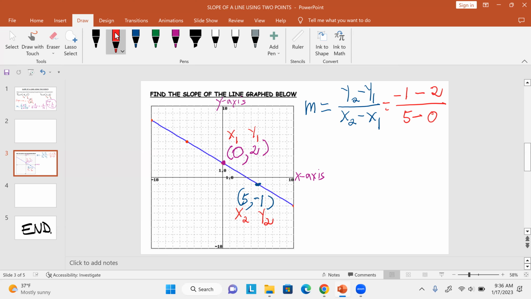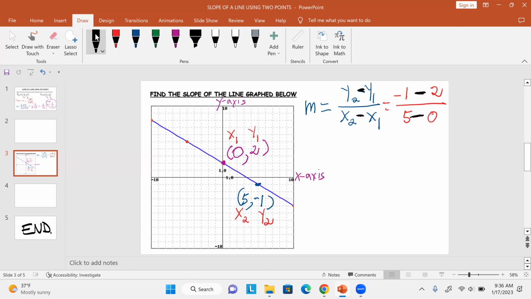So again, let's make the difference here. This black negative is for the formula. Now the y2 is a negative value.